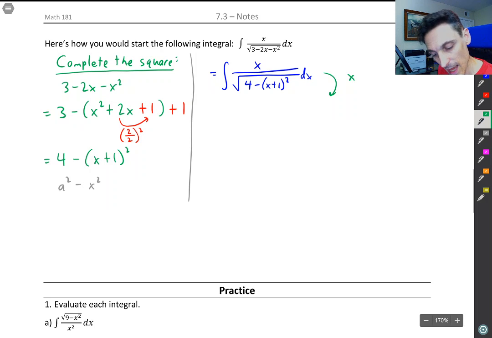We're going to let x plus 1 now equal, let's see, this is an a squared minus x squared. It's a sin to ask your professor. And so if you go by that mnemonic, then we're going to use sine. We're going to write 2 sine theta, where theta is between negative pi over 2 and pi over 2.